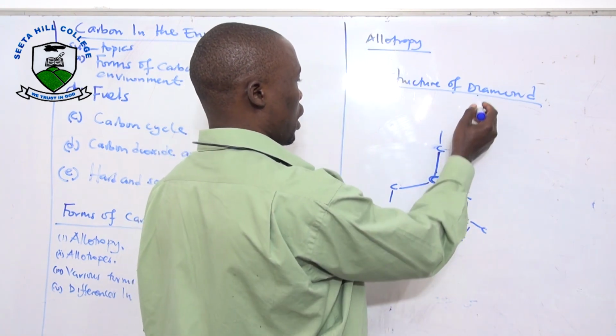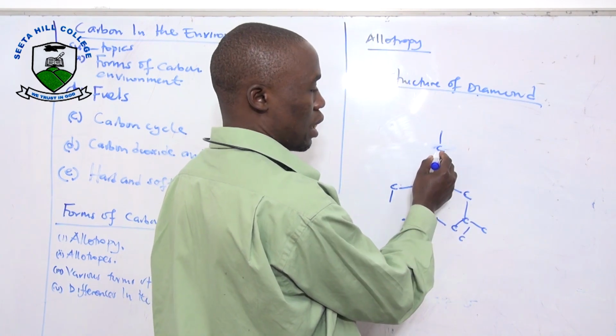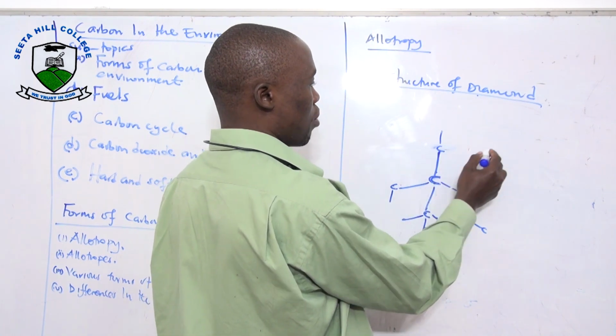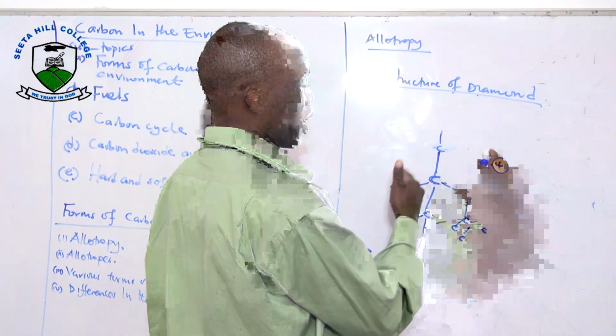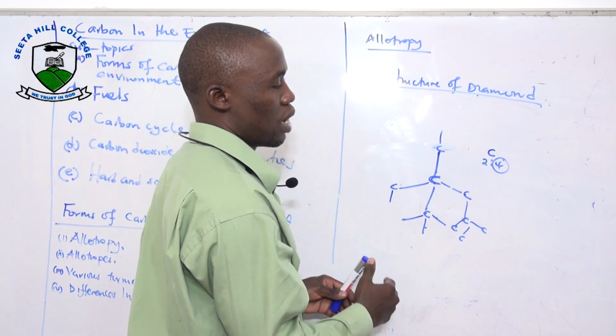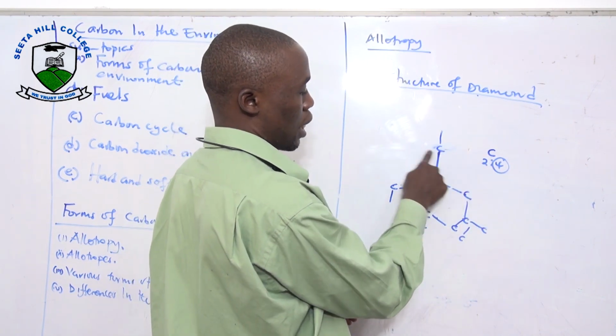Now, in diamond, every carbon atom is joined to four other atoms, and all four outer electrons are used to join to other carbon atoms. That we say carbon bonds to other four. Every atom here does so.